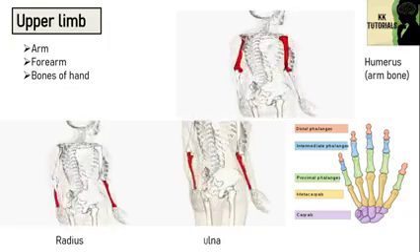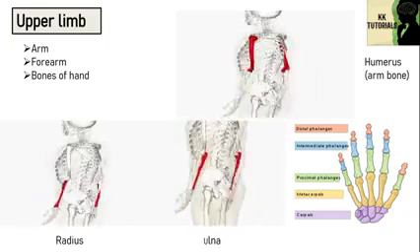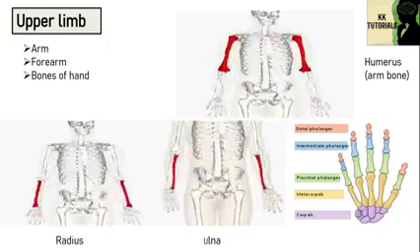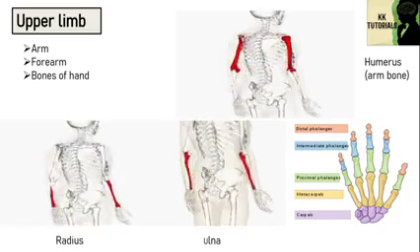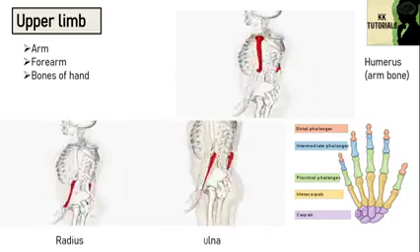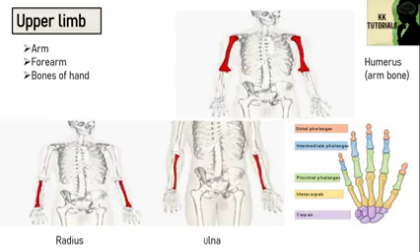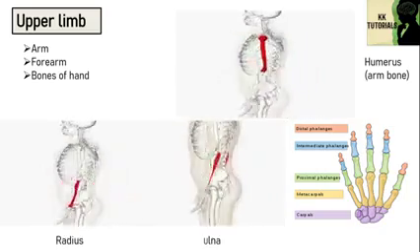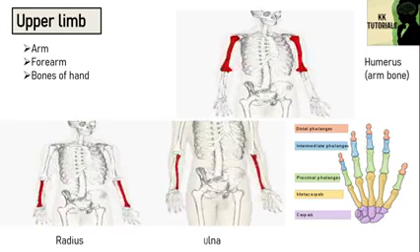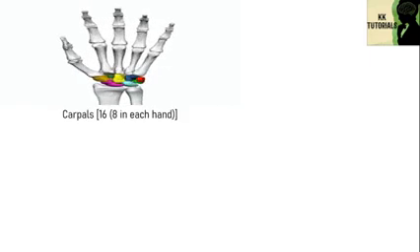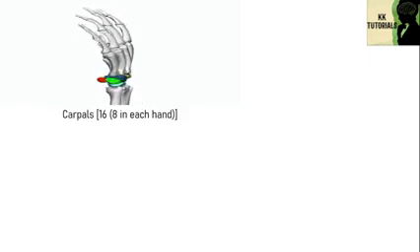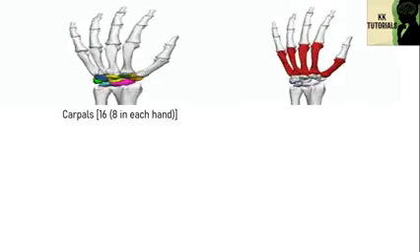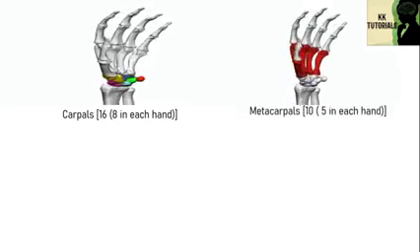Look at the image here. The carpals in purple color, metacarpals in yellow, proximal phalanges in green color, intermediate phalanges in blue, and distal phalanges in skin color. From the next upcoming images, you will get a clear idea about all these hand bones. These are the carpals. There are a total of 16 carpals, 8 in each hand. Then there are a total of 10 metacarpals, 5 in each hand.